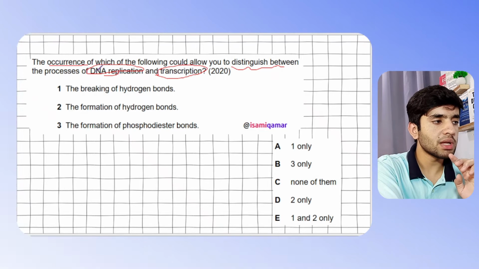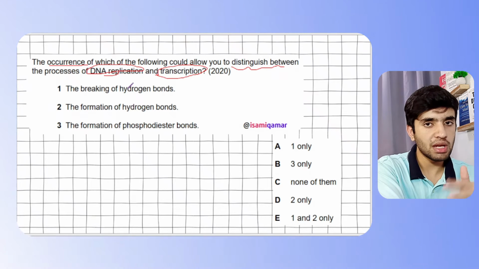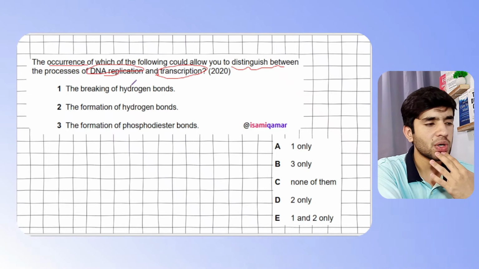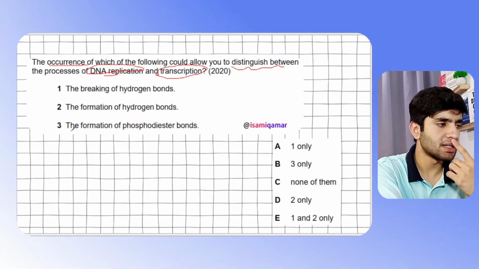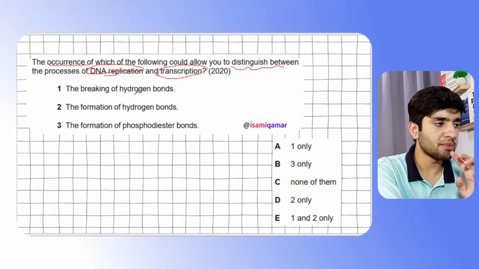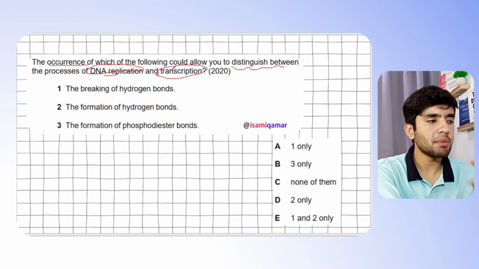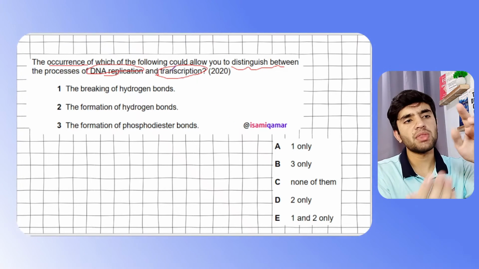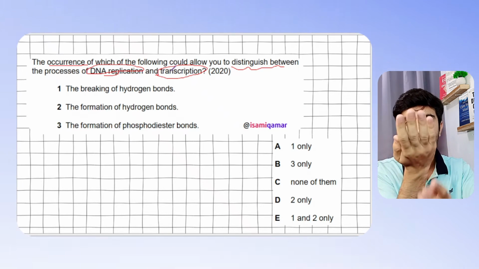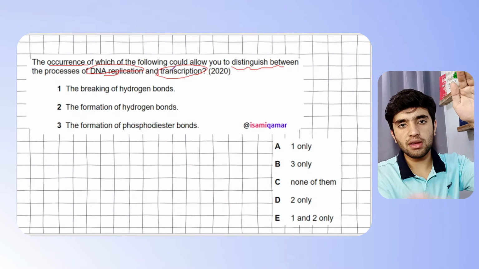Now there must be a thing that would differentiate DNA replication from transcription, something that happens in one and couldn't happen in the other. I can't remember at the moment, but let's see if we can find it in these three statements. The breaking of hydrogen bonds occurs in both DNA replication and transcription. In DNA replication, DNA opens up and a new strand forms along each of the two strands. So hydrogen bonds break and the strands open. In transcription, DNA also opens up and one strand forms from it.